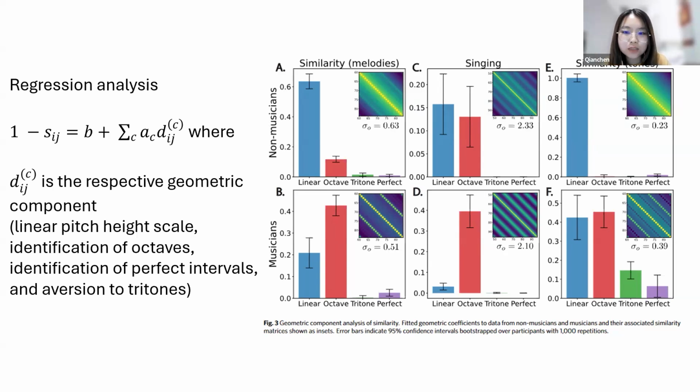If that's the case, it is quite surprising compared to their responses in the other two paradigms, because the other two paradigms are perceptual judgment tasks. And in those tasks, they couldn't rate two notes separated by an octave or two octaves as similar at all.